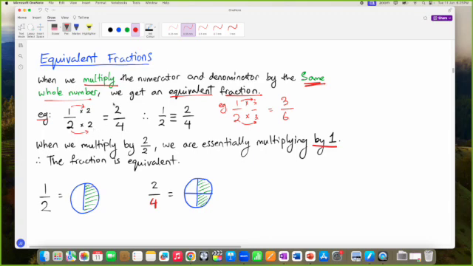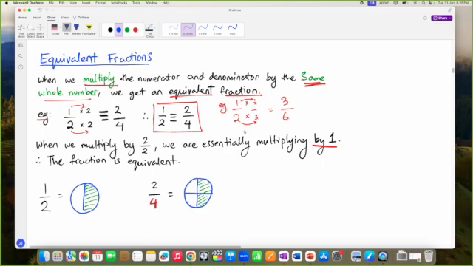Therefore, 2 over 4 is equivalent to 1 over 2. So they are equivalent fractions. And I didn't have to multiply it by 2. I could have multiplied this by 3 or by 5 or by 10 to find the equivalent fraction.